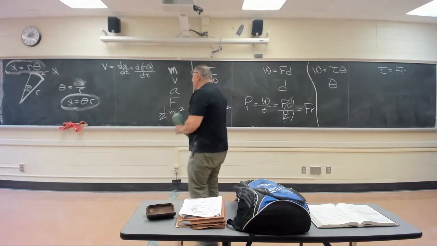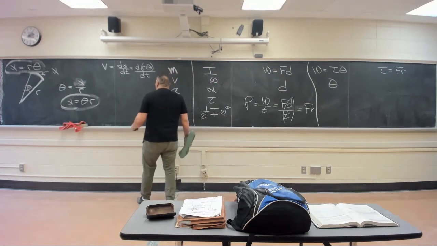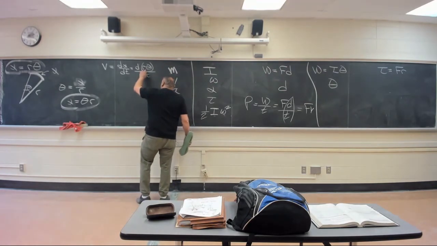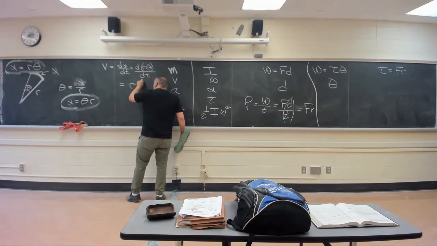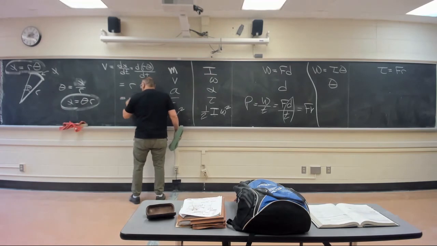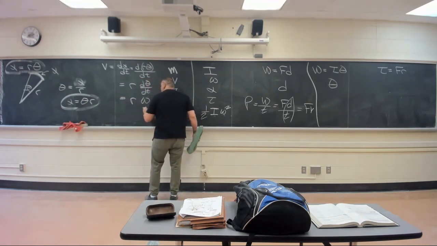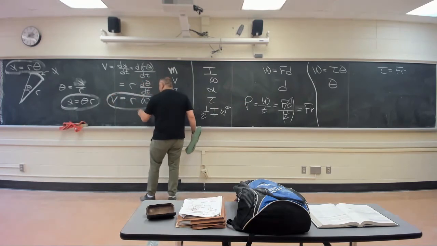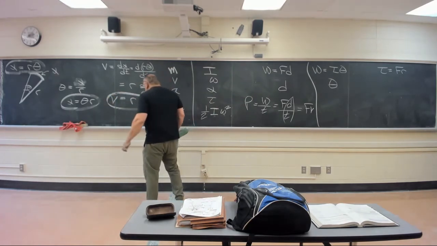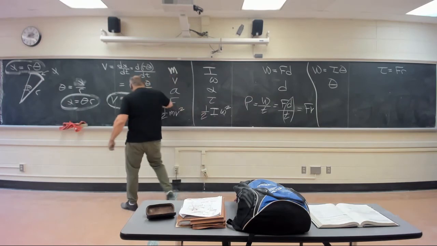That's another dynamic in its own right. But right now, let's leave r to not change, and only theta is changing. If that's the case, if r doesn't change, then you got d theta dt. Well, d theta dt is omega. R omega or omega r.